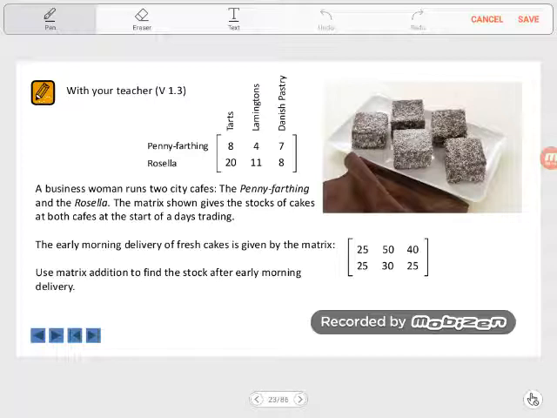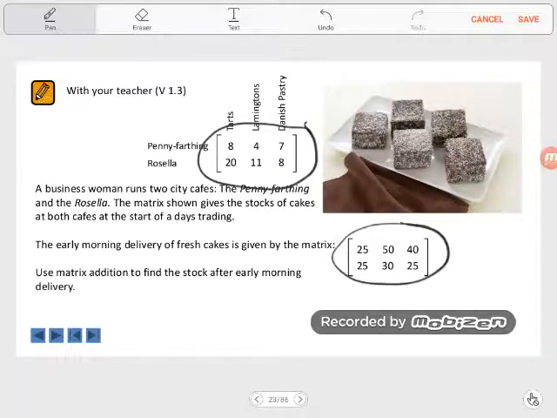Right, so this can be tricky to work through, but if we have a look at it, what they're saying here is that in the morning, these are like the leftovers. These are left over from yesterday, but this business is still going to sell this stuff even though it's left over from yesterday. They don't want to waste that. In the morning, new fresh stuff is delivered. That's down here.